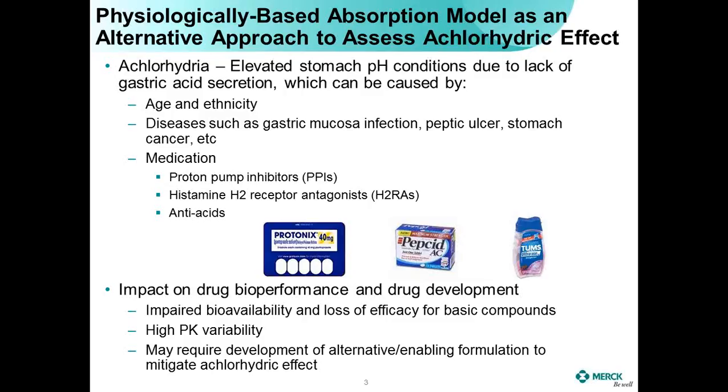For example, elderly Japanese has shown higher gastric pH compared with the elderly North Americans, and the elderly North Americans overall have a high incidence of higher gastric pH versus the younger group.